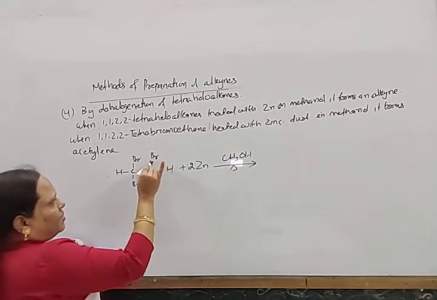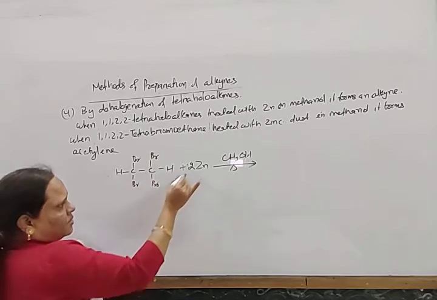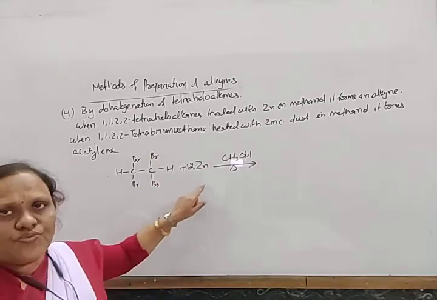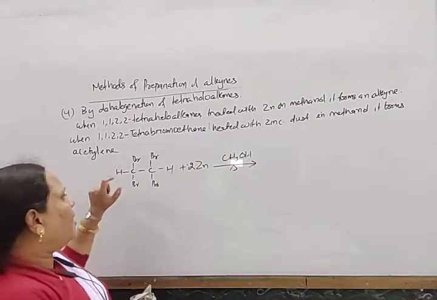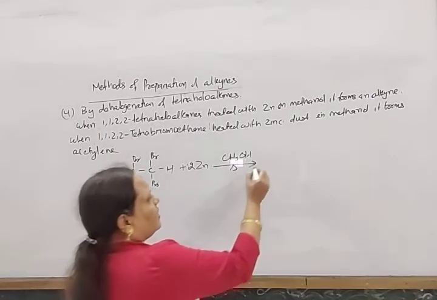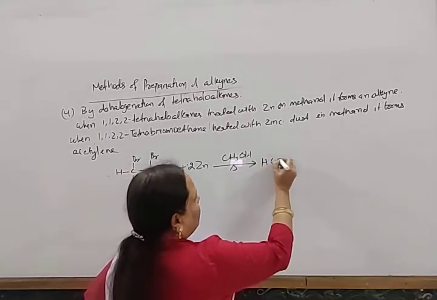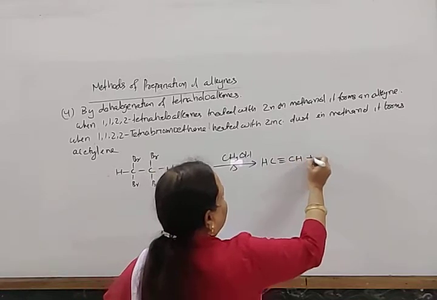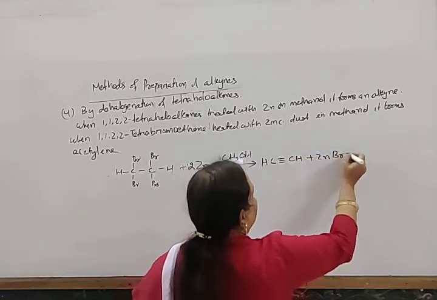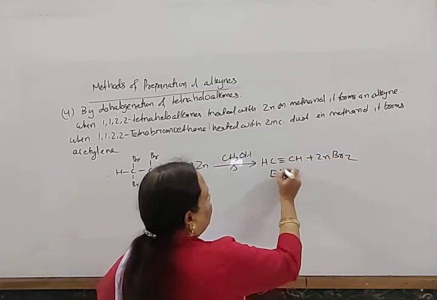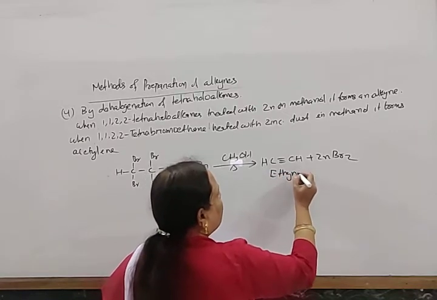The Br atoms are removed and react with zinc to form zinc bromide along with acetylene. It gives HC triple bond CH plus ZnBr2, that is ethyne.